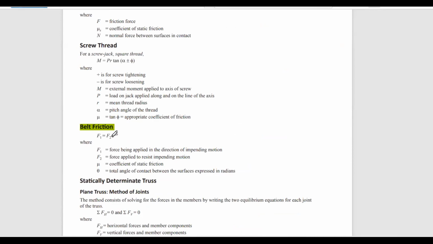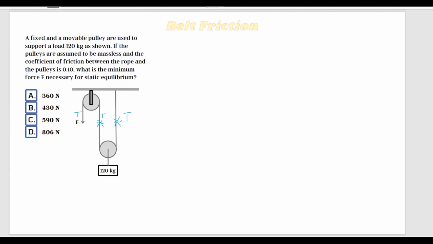So you are told that F1 is equal to F2 multiplied by e to the power of mu, which is the coefficient of friction, multiplied by theta. Now let's talk about theta. I'll actually write this formula down first. F1 equal to F2 multiplied by e to the power of mu, coefficient of friction, times theta.